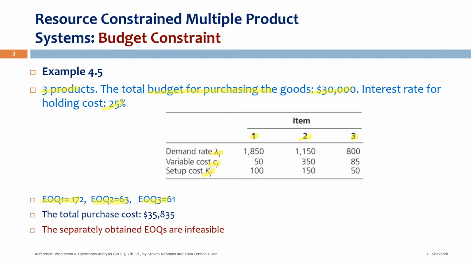If we multiply these by their associated variable costs, then we can obtain the total purchase cost here, which becomes $35,835. As you see here, it's greater than our budget of $30,000. So it's infeasible, right? We can't order the products with their EOQ values.